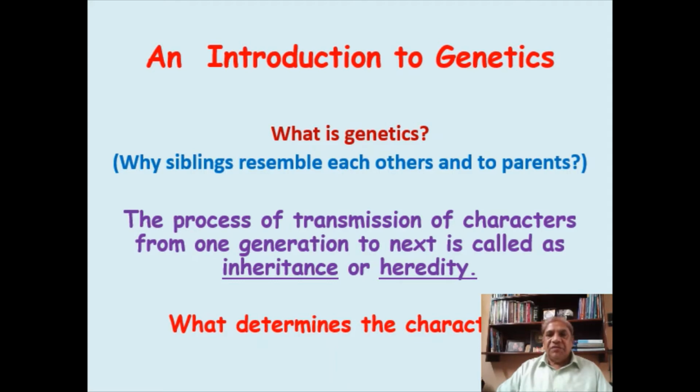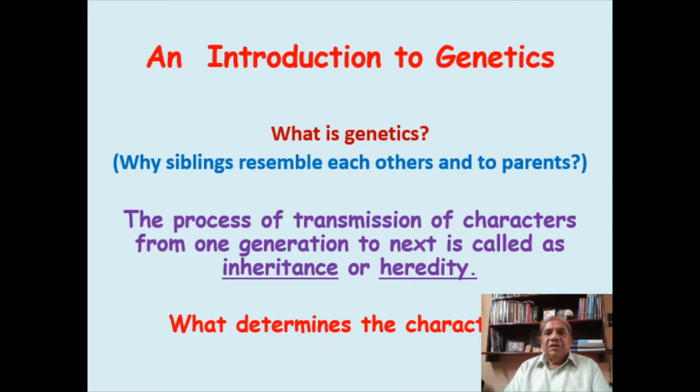That is the reason why siblings resemble each other and the parents. So the process of transmission of characters from one generation to the next is called inheritance or heredity. This is the definition of inheritance or heredity.